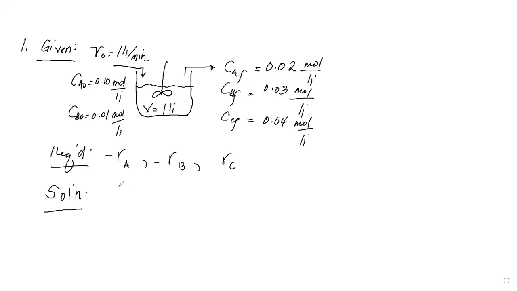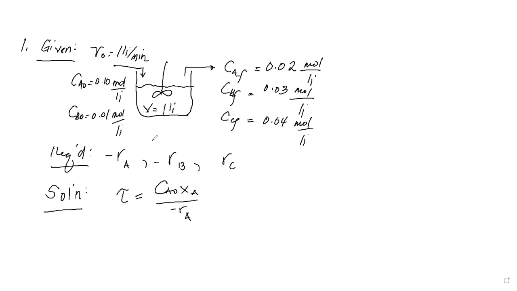So we have tau is equal to CA0 XA over the rate. Right? Is this the performance equation of the CSTR? Okay, so this is the performance equation of the CSTR. Now I need to find the rate in terms of A. So this must be my equation to use, right?